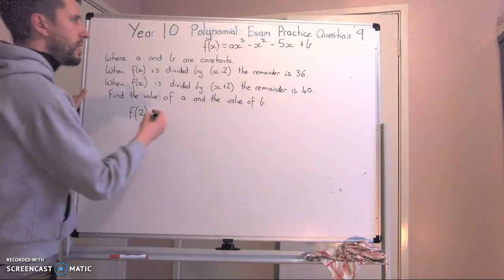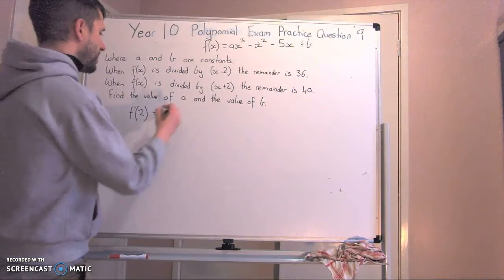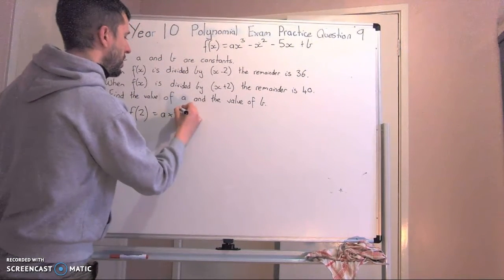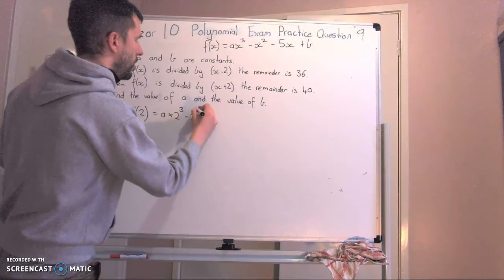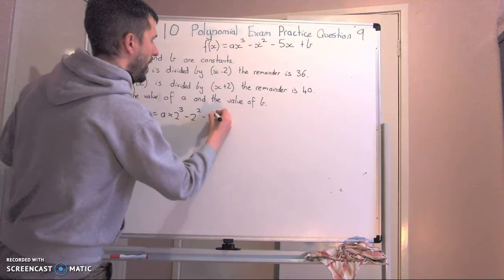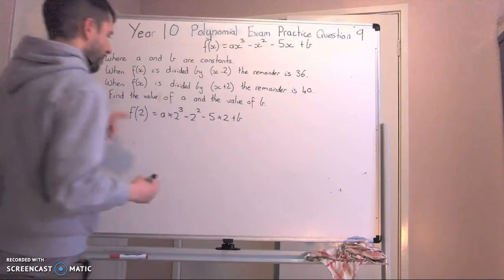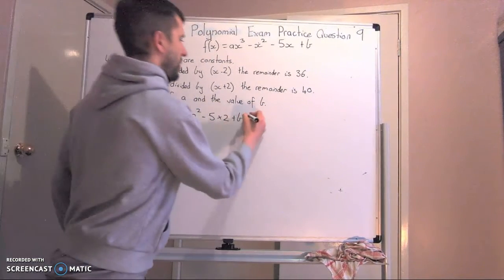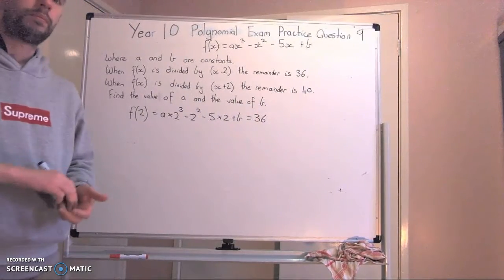So I've got a times 2 to the power of 3, minus 2 to the power of 2, minus 5 times 2, plus b. And I know this is going to give me a remainder of 36.